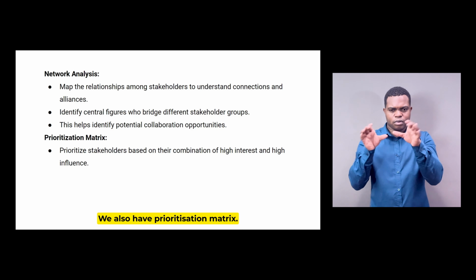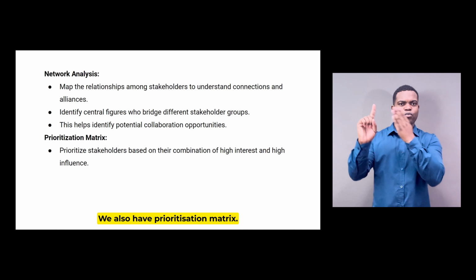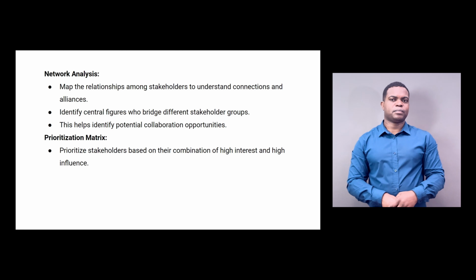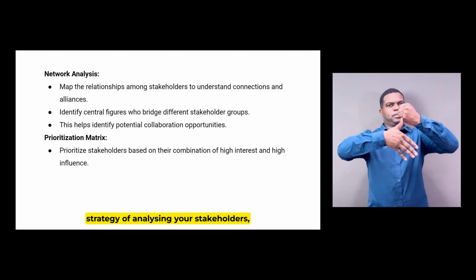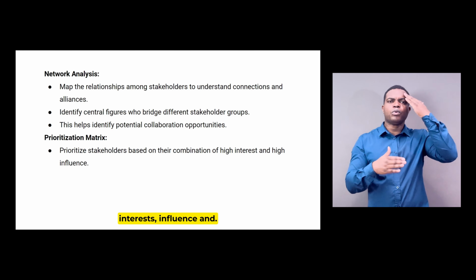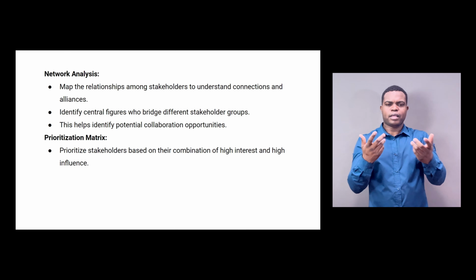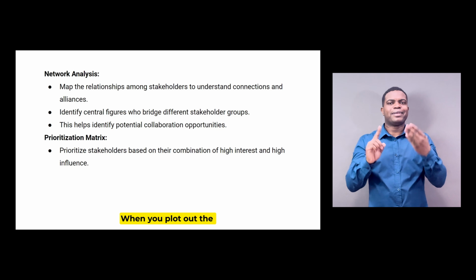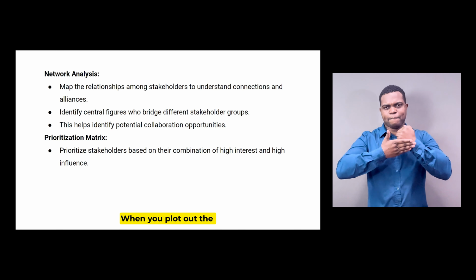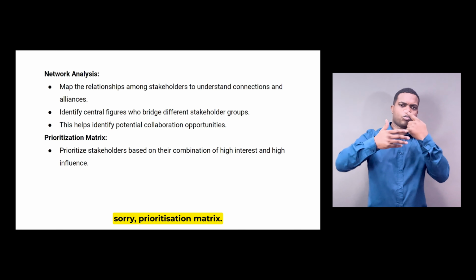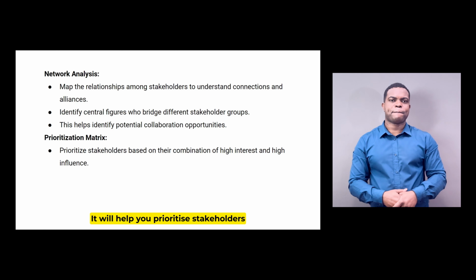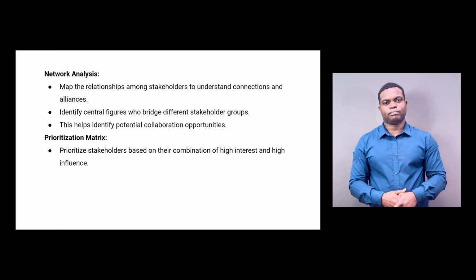We also have the prioritization matrix. The prioritization matrix is another strategy of analyzing your stakeholders' interests, influence, and potential contribution. When you plot out the prioritization matrix, it will help you prioritize stakeholders based on their interests and influence.